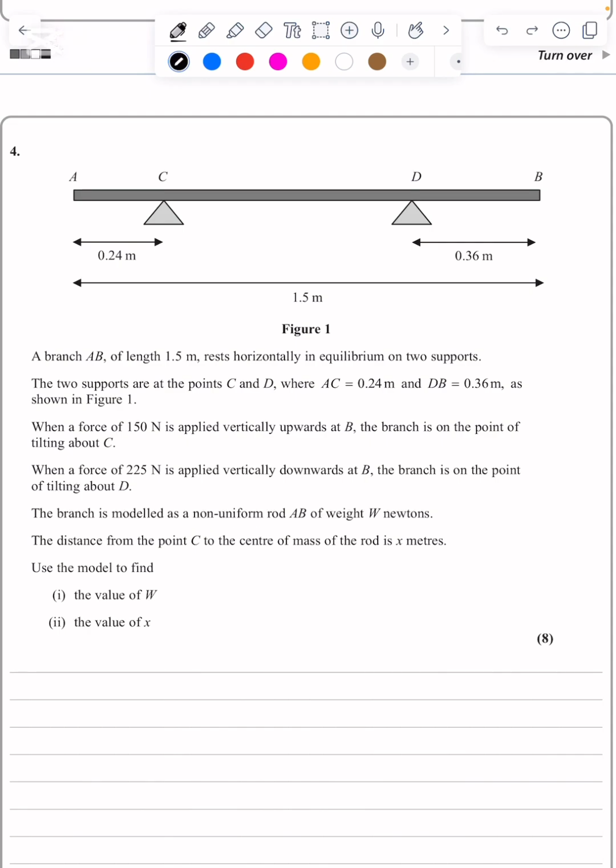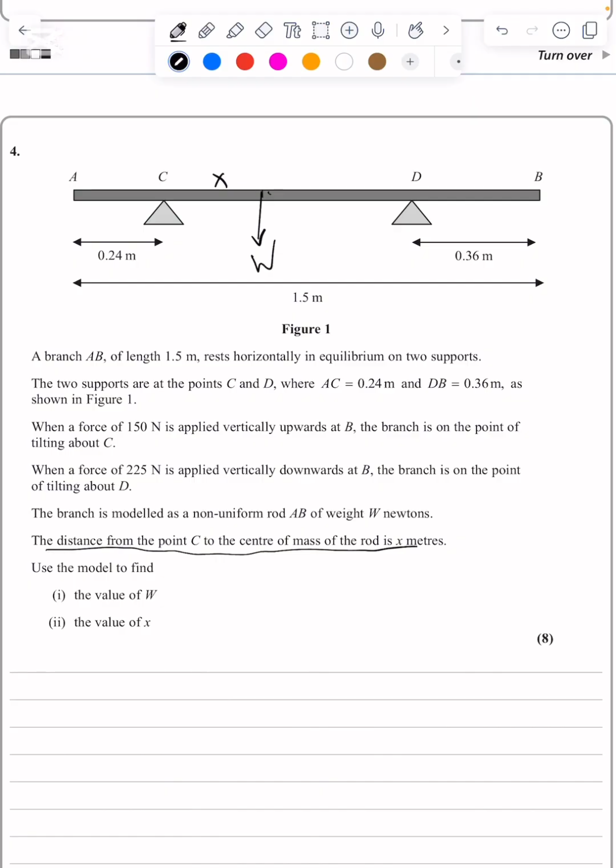This is annoying. Okay, the distance from the point C to the center of mass is x meters. So let's draw it like this. The weight is acting on the center of mass, right?